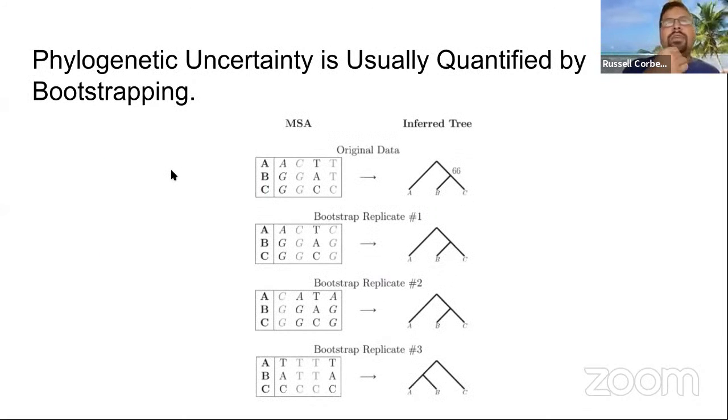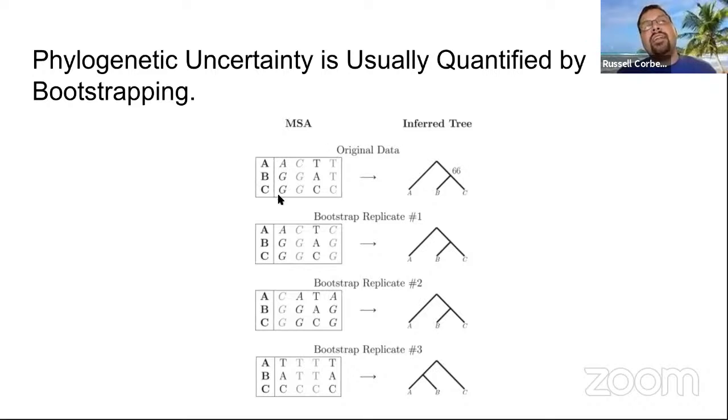So one thing, you probably know this. I hope you guys know this, but if not, I'll walk through it quickly. The way we typically quantify phylogenetic uncertainty is usually what you call bootstrapping. With bootstrapping, what I do is I resample from my multiple sequence alignment each site at random with replacement to an equal number of sites I have in my original MSA.